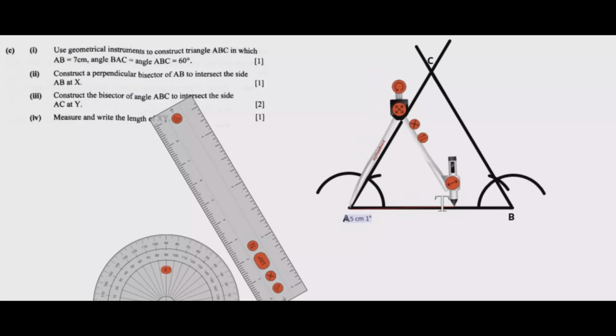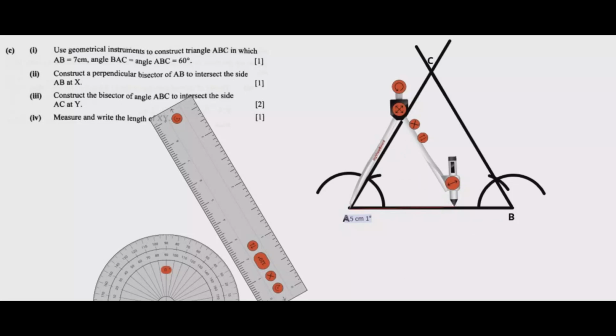The key thing is that the width of the arms of the compass should be longer than half of the line AB, which we have done.